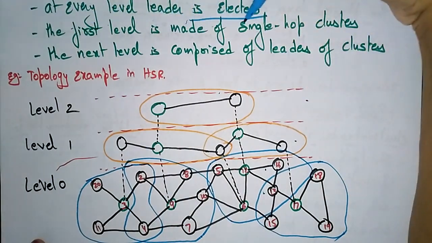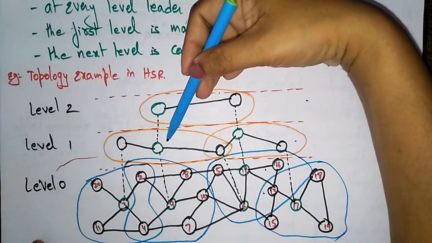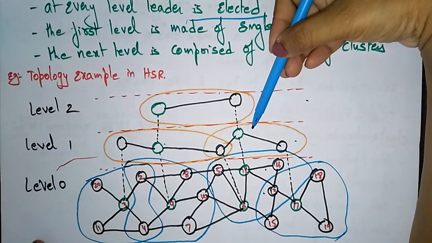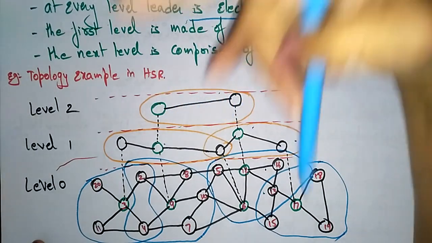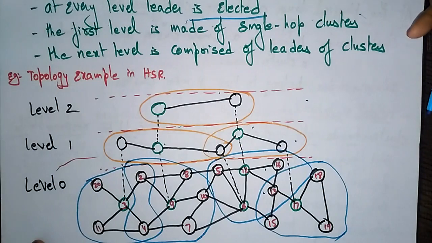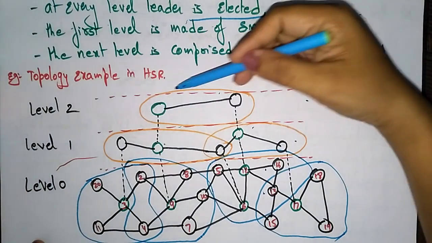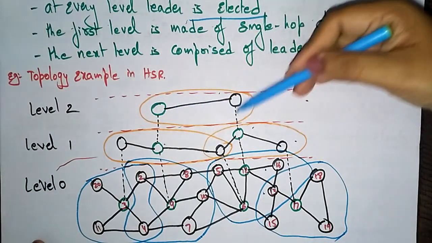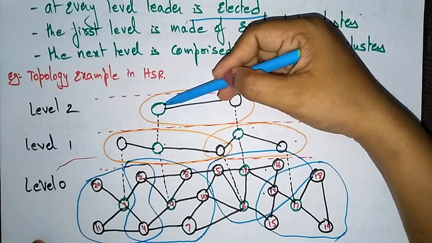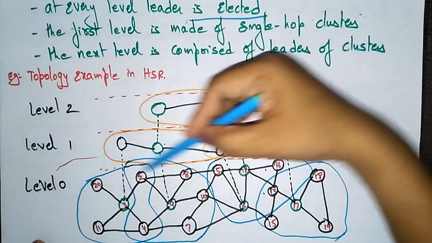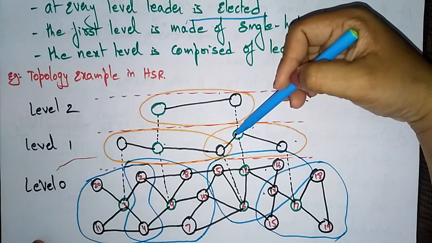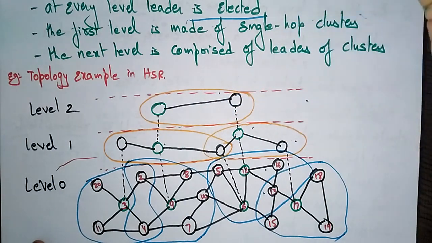The first level is made of single hop clusters. This is one cluster and this is another cluster, and for each cluster, one leader will be there. In the second level, you have only one cluster, so one leader. In level 1, you have two clusters and two leaders. For each cluster, one leader.